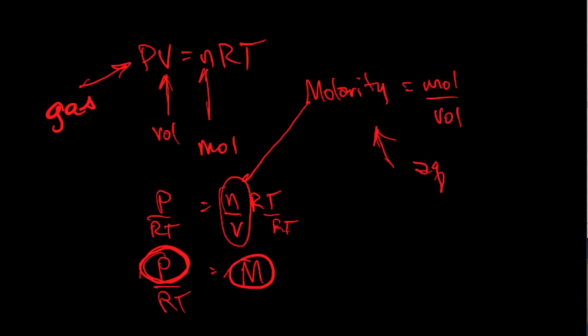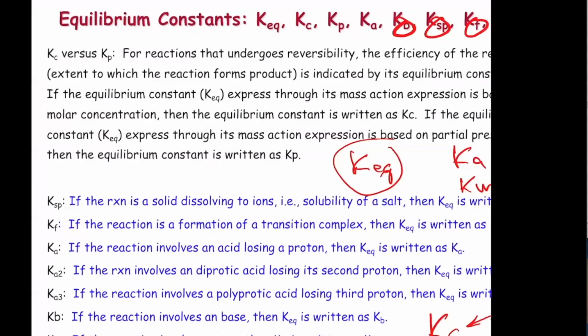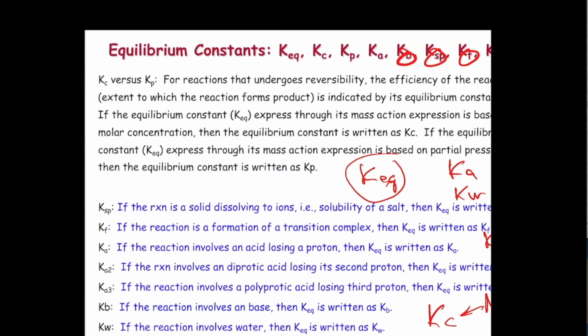But for a gas, you can get the molarity based on its pressure, R and T. Remember, R is 0.08206, and T is the absolute temperature in Kelvin. It always has to be in Kelvin. You guys learned that in chapter 8, gas laws. So I want to make sure that you understand that.